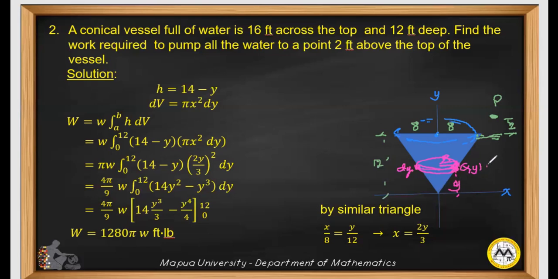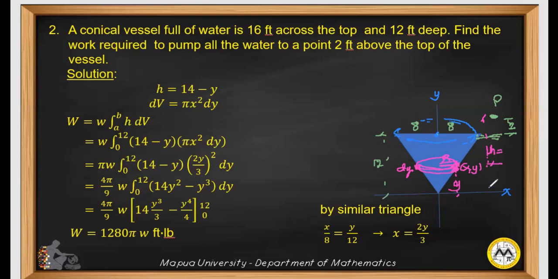Therefore, if we consider h, which is the distance of the element from point P, then that will be equal to, take note that the vessel is 12 feet deep, and from the top of the vessel to point P is 2 feet.